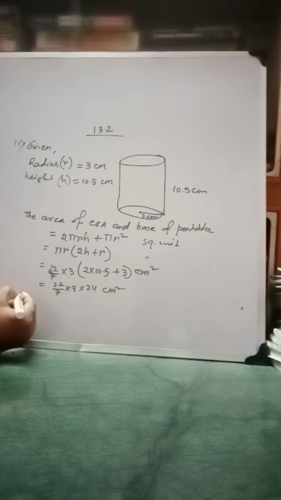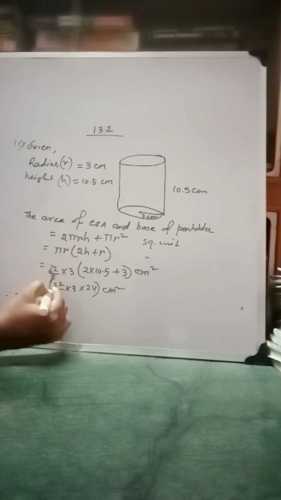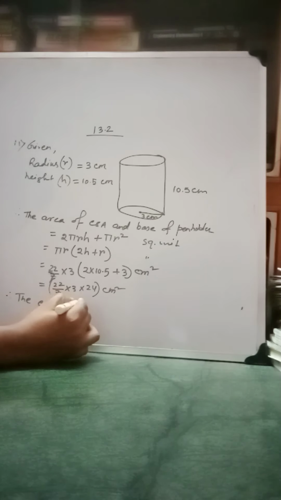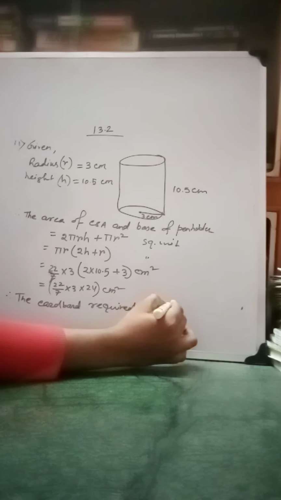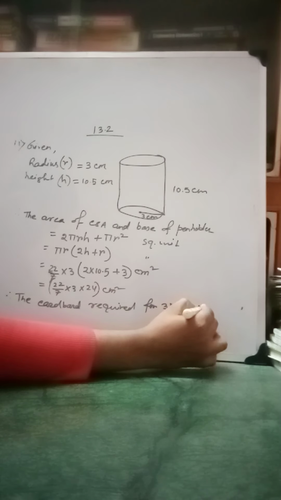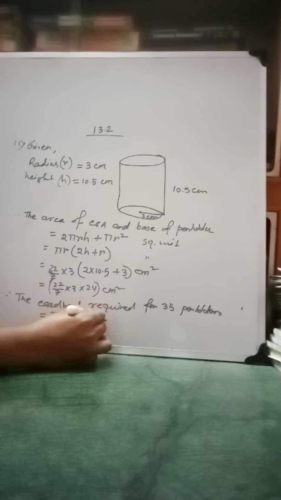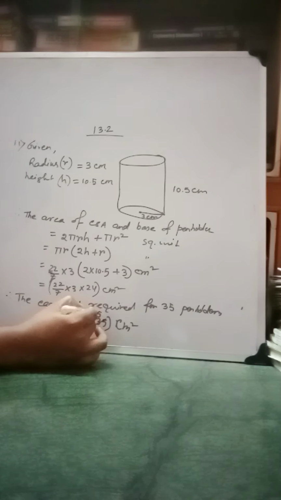Now therefore the cardboard, I am not calculating this one, at the end I will calculate that. Therefore the cardboard required for 35 pen holders equals to, what will be that? Just we have to multiply these by 35, because for 35 we have to multiply by 35 centimeter square. So 7 cancel, 5 35.